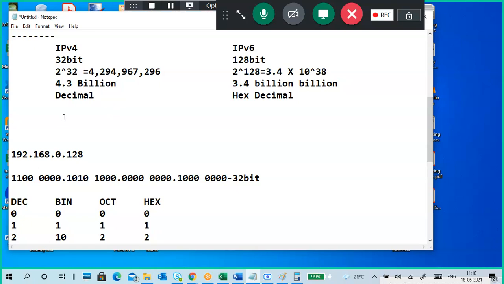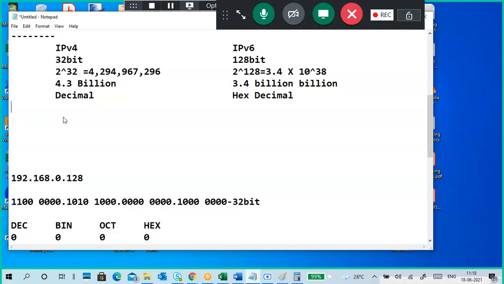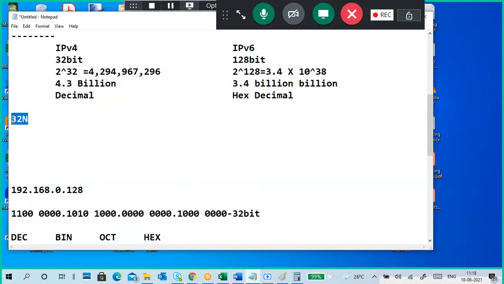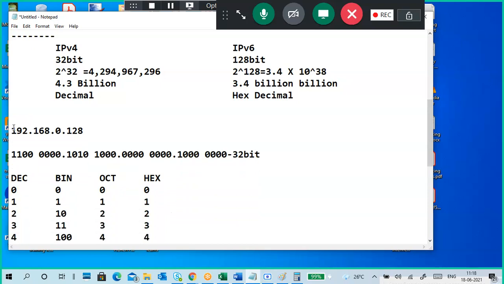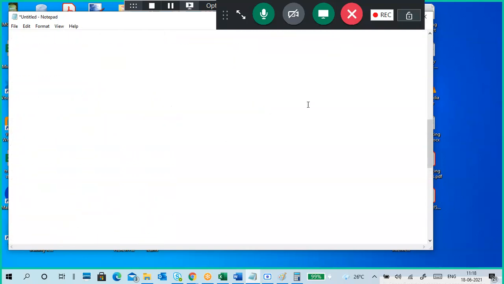Here I'm talking about only IPv4. IPv6 has so many other things, but I'm talking about IPv4. So we'll go step by step in IPv4.